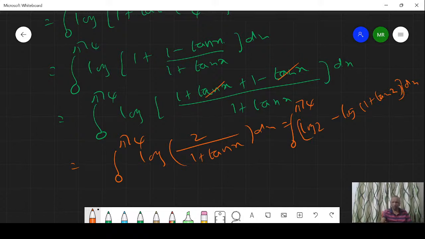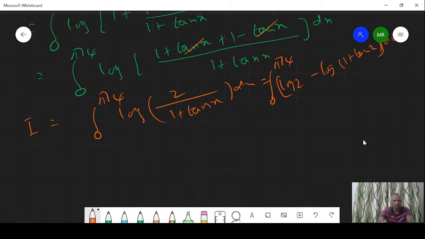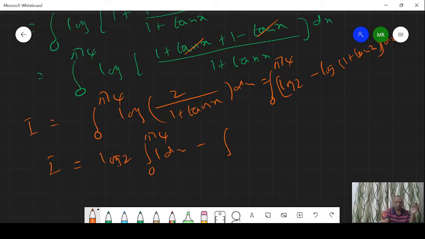I can write it like this, correct? On this side we have I on the left side. If I separate the two terms, I is equal to log 2 times the integral from 0 to π/4 of 1 dx minus the integral from 0 to π/4 of log of (1 + tan x) dx.